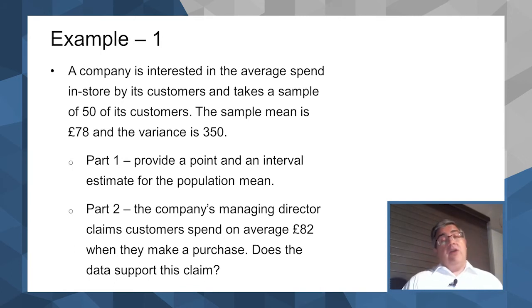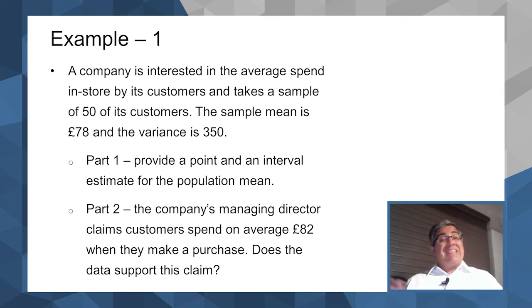That's an example I've used already without a lot of detail. They take a sample of 50 customers. From that sample, they calculate the statistics, the mean and the variance, which come out at 78 and 350. And now there are two questions.